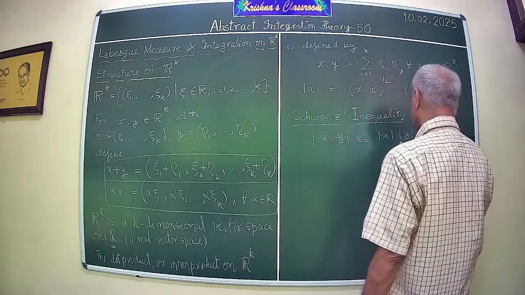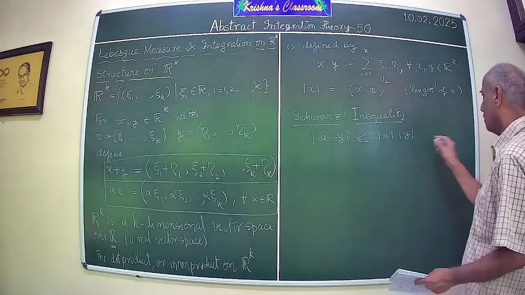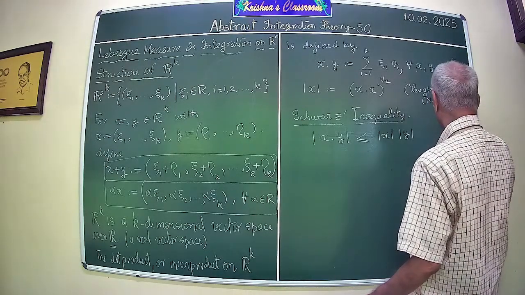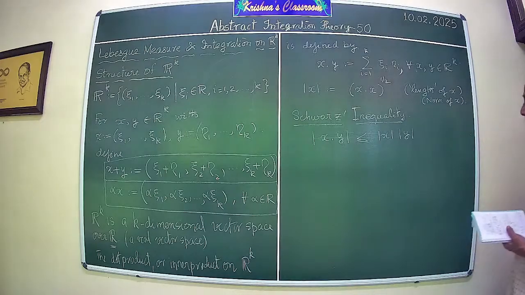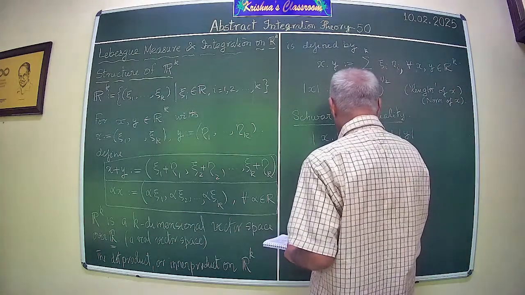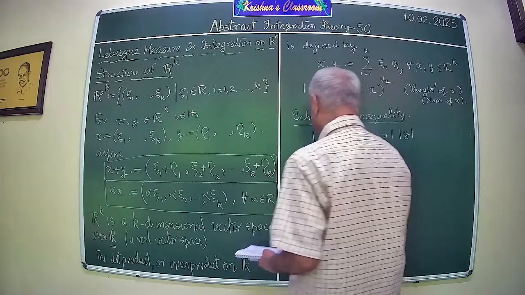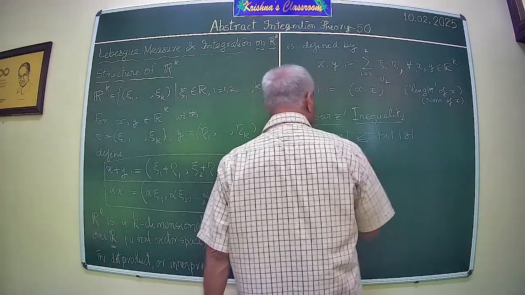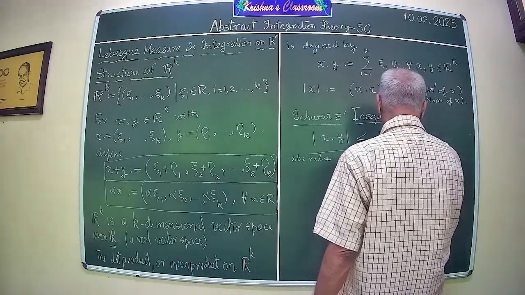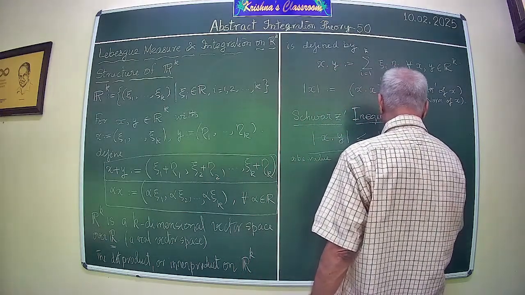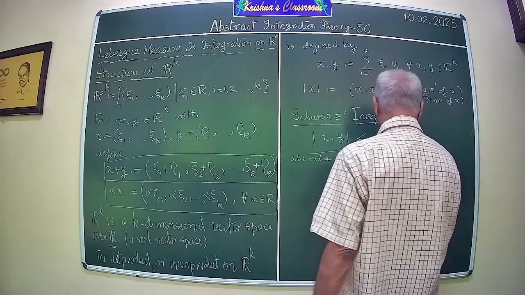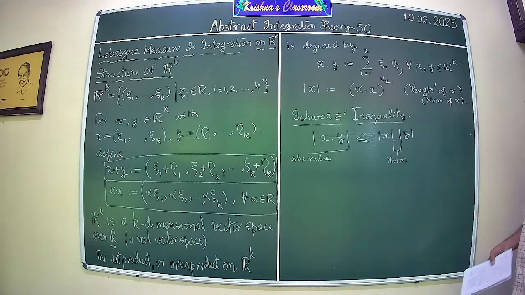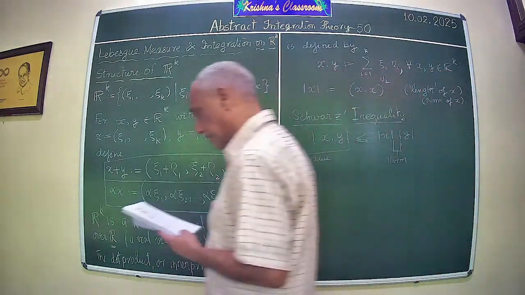This is actually the norm, or length. So this is absolute value because it's a scalar, and this is the norm. Although we use the same notation, I think it should be clear.